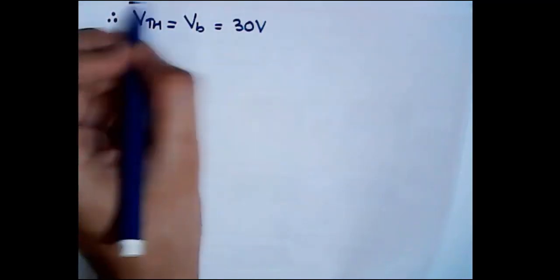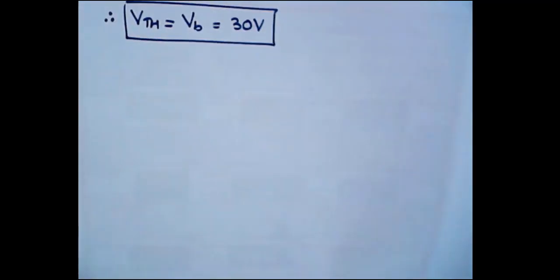It means there is no current through the 1 ohm resistance. Therefore, Thevenin voltage will be equal to VB equals to 30 volts. Right? I hope it's clear now.